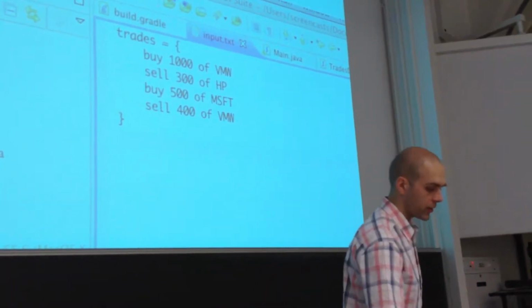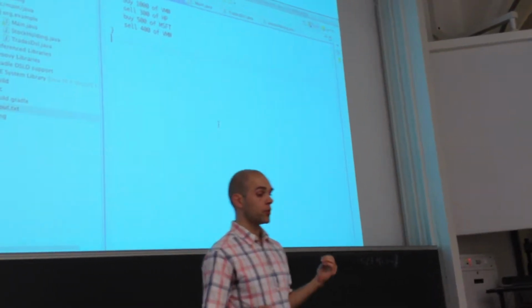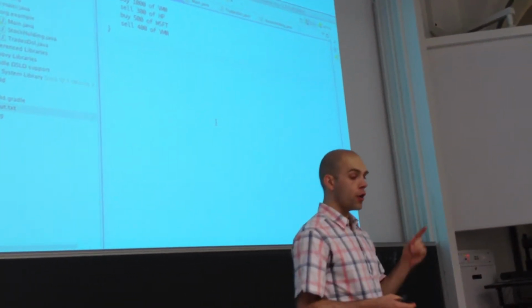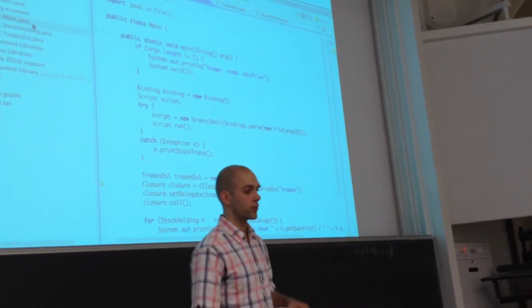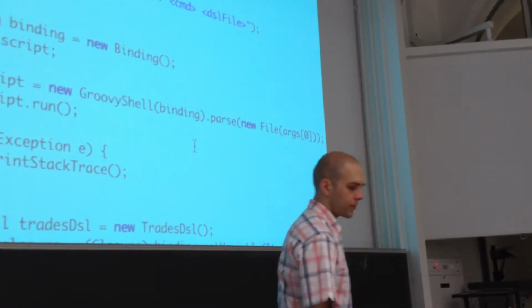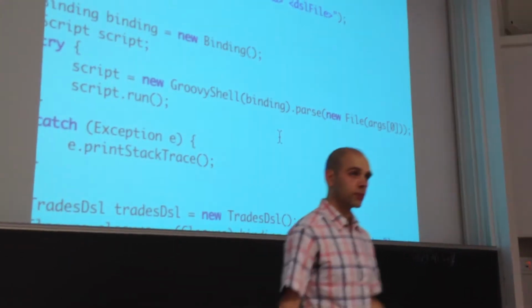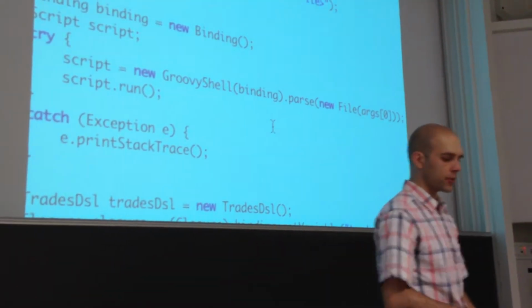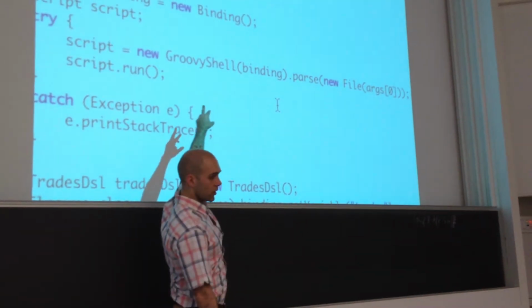How is this implemented? Well, this is all implemented in Java, in fact. Only that input.text is literally Groovy, and it doesn't even have a Groovy syntax. So what we do is, that file is what we call a script, because it doesn't have a class definition. So what we use is this GroovyShell class.